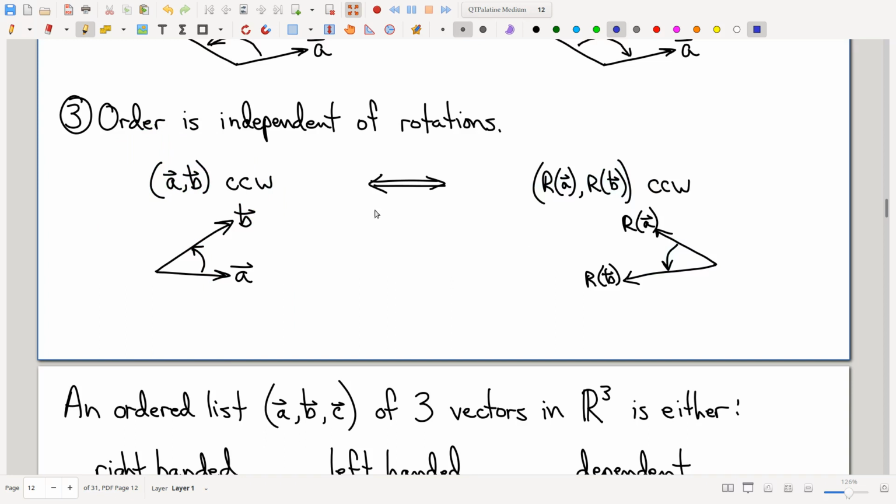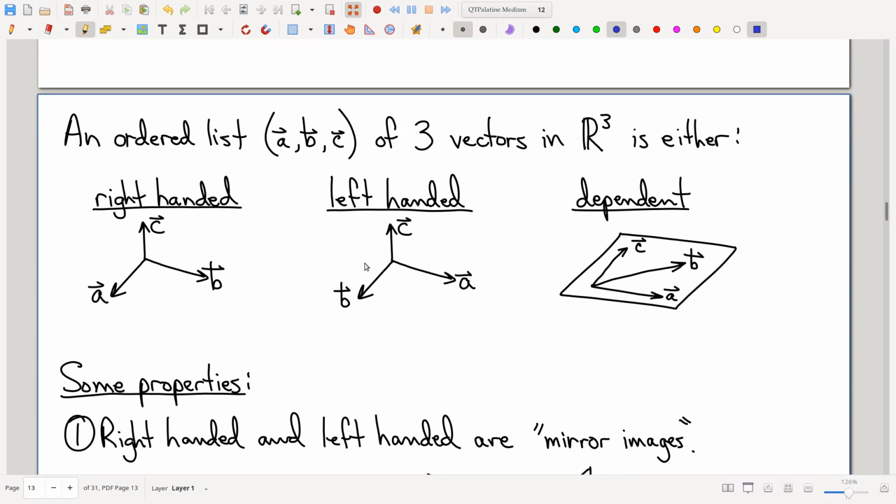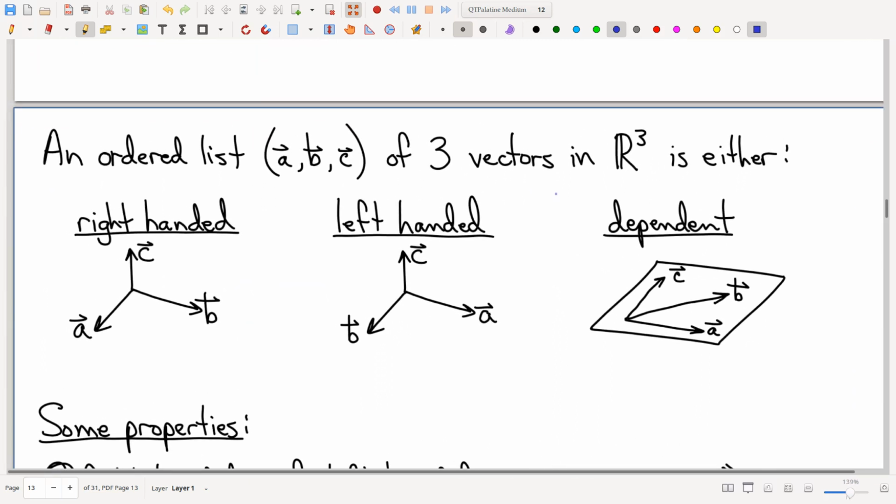Now here's where it gets a little weird. What if we wanted to do a three-dimensional version of this? What is a three-dimensional version of clockwise, counterclockwise? And this is not immediately obvious how we would do it, but it's pretty satisfying once you see it.